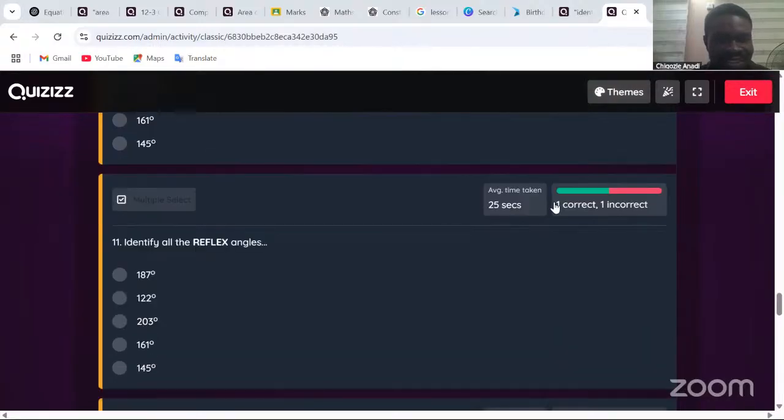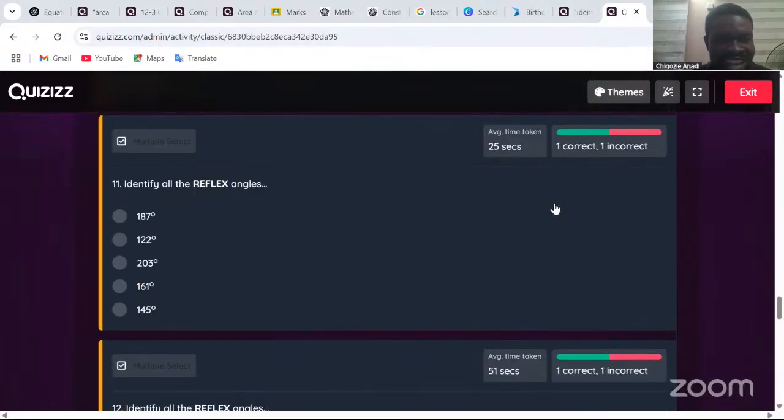The next one says identify all the reflex angles. Remember, reflex is greater than 180, but less than 360. Yeah, greater than 180, but less than 360. 187. 187, correct? 161.